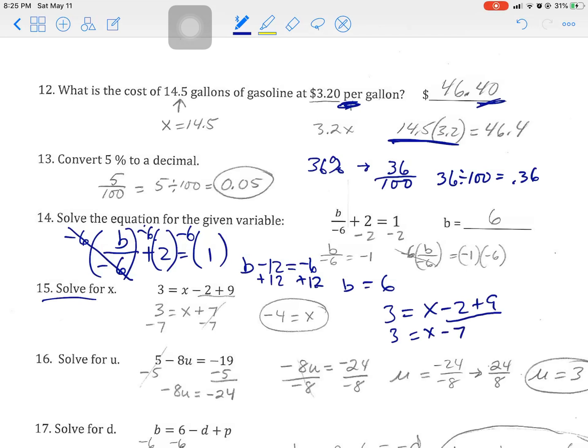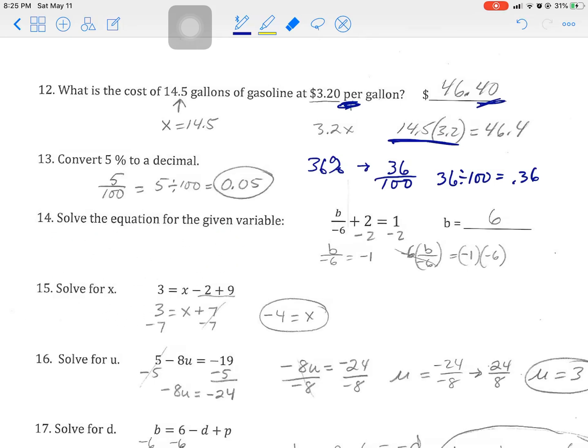These two here. And then you can move the 7 to the other side. Wait, that's a plus. Okay, this is why I don't rewrite things down. Let's go back over here. I already did this, and these answers have been checked, so I don't want to be doing that again. So negative 2 plus 9 is positive 7.